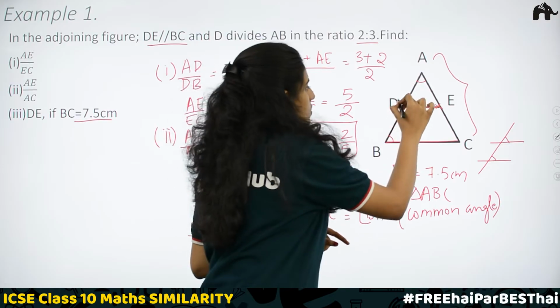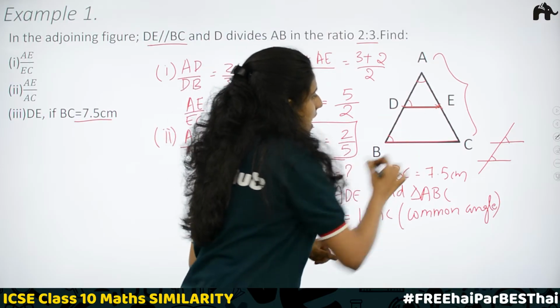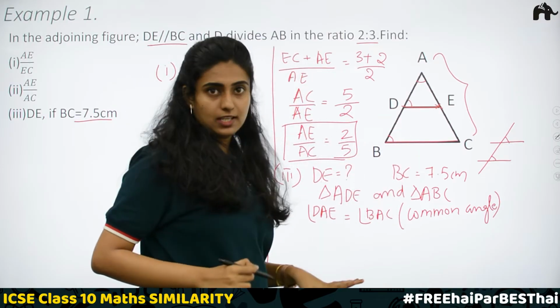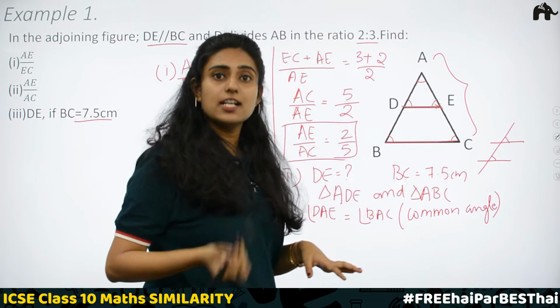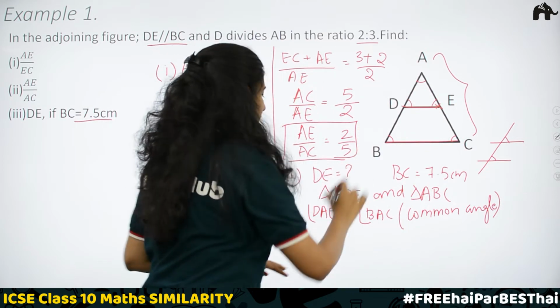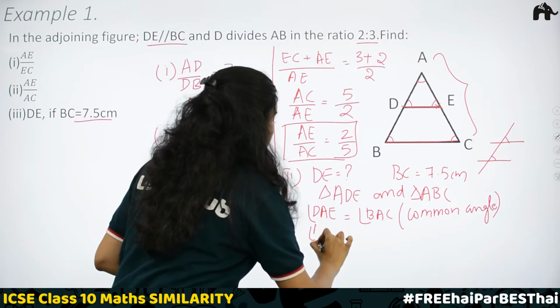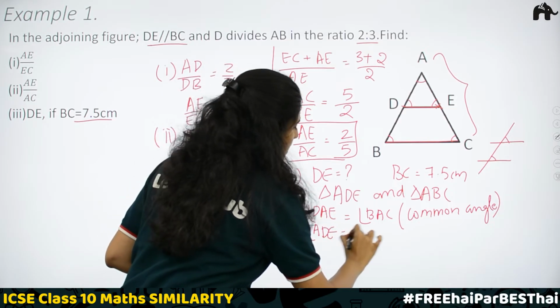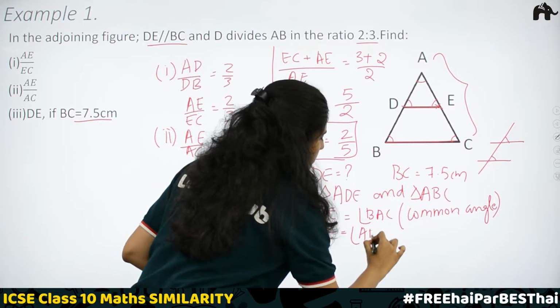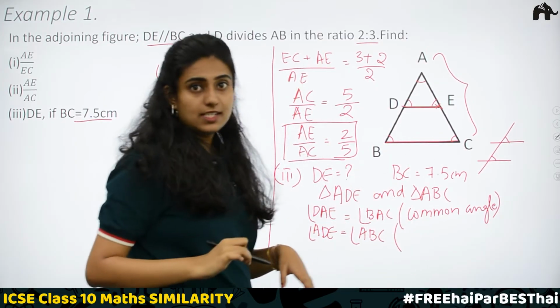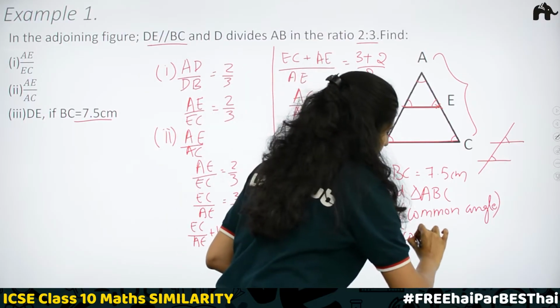Corresponding angles. So this angle D and this angle B are corresponding angles. Similarly, angle E and angle C are corresponding angles. So we have angle ADE is equal to angle ABC. What is the reason? Corresponding angles.